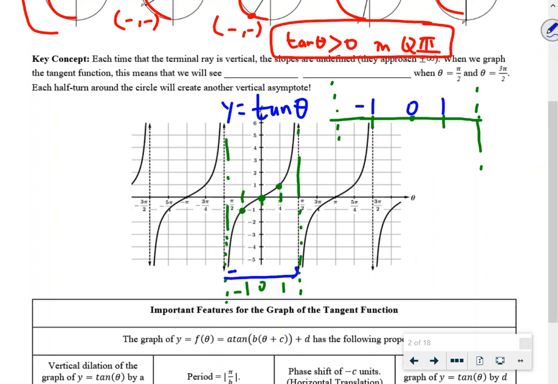When I ask you to find the period for tangent, this is the parent function for tangent. This is negative pi over 2, and this is positive pi over 2. Think about this. Here's the center.